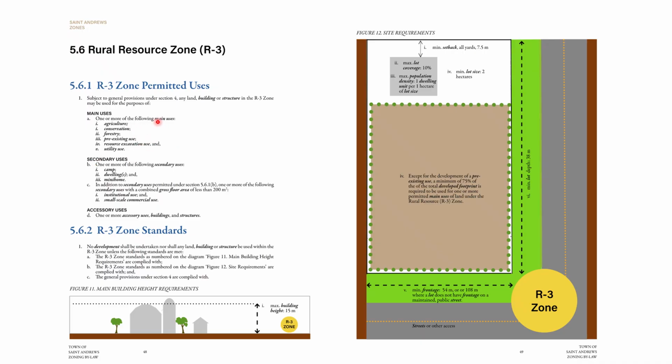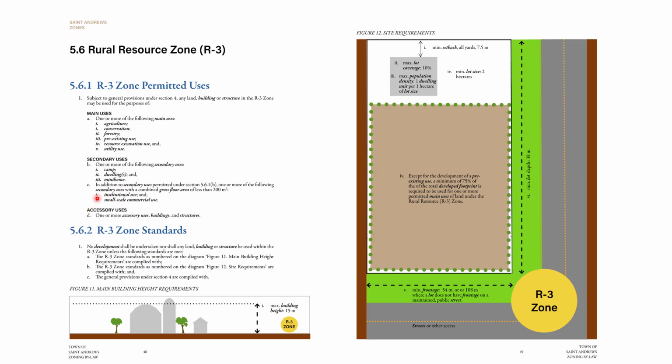So you'll notice a dwelling or residential use is not an allowed main use. You would have to have one of these main uses, but it should be fairly easy to have one of these main uses and meet the zone standards. And then you can have a secondary use, which is a camp, dwelling, or mini home. Again, if you have a pre-existing one of those, it's an allowed use that can continue and expand.